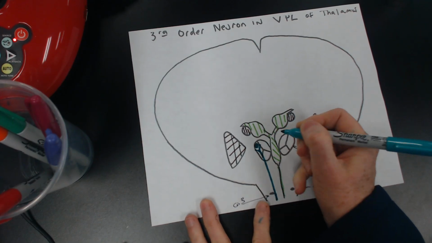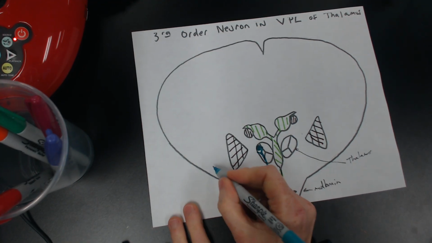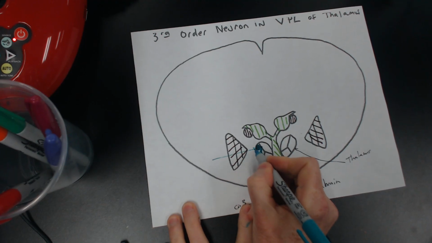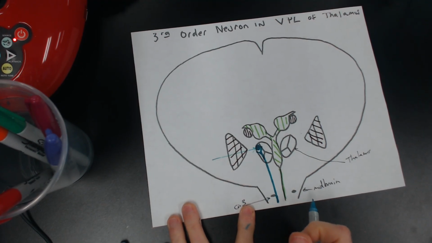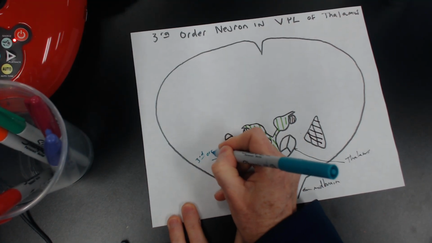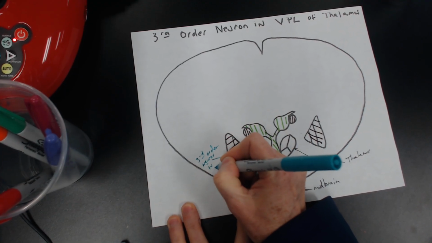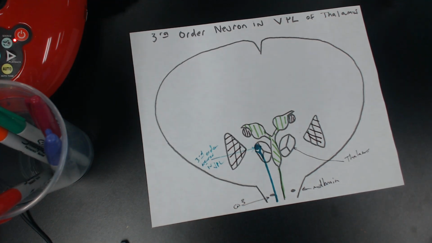That third order neuron from the SCT system is going to reside in the ventroposterior lateral portion of the thalamus again, so no different than DCML. So SCT and DCML both have third order neurons that live in the VPL of the thalamus.